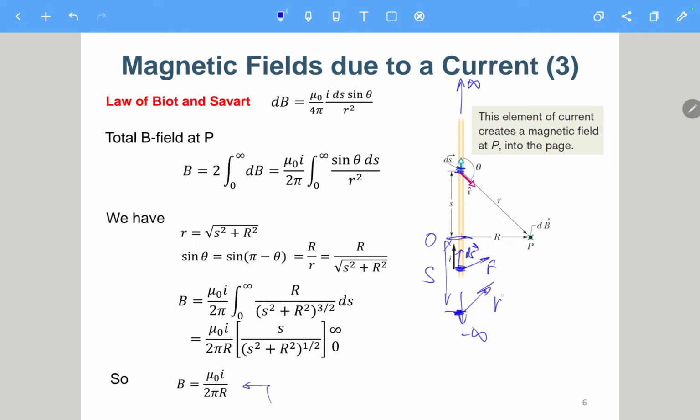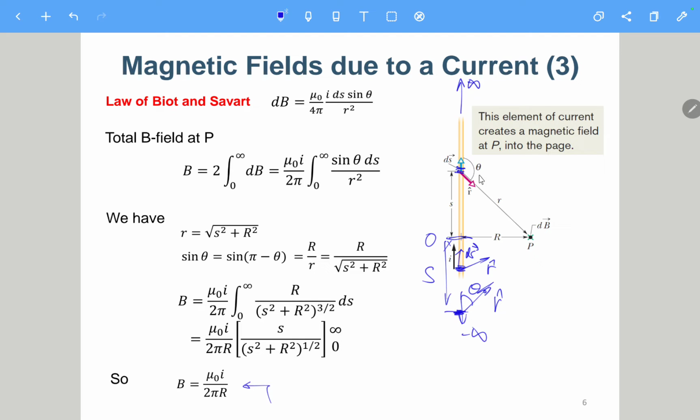This is r, this is the direction of r, and these two segments should generate the same dB at point P, because we have this is theta and this is also theta.